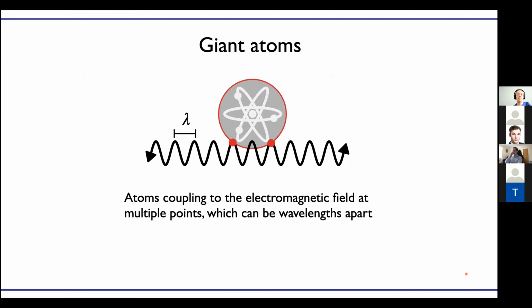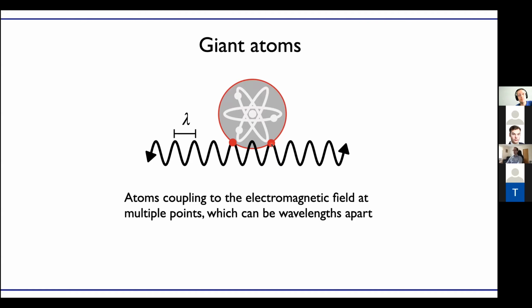Okay, so let me show you what kind of giant atoms I'm talking about here. I'm talking about atoms that can couple to the electromagnetic field at multiple points, here, for example, two points that are wavelengths apart.